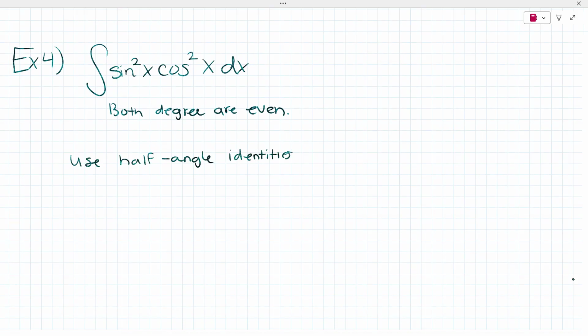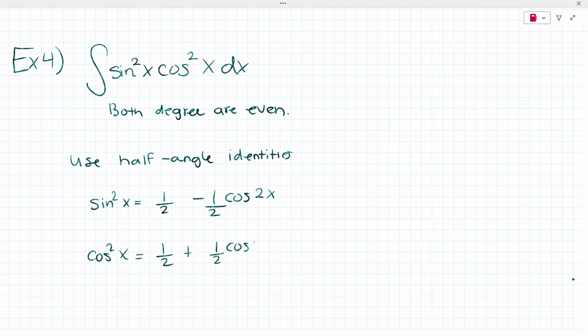So if you recall, we have two half-angle identities. We have sine squared of x equals 1/2 minus 1/2 cosine of 2x. And then you have cosine squared of x equals 1/2 plus 1/2 cosine 2x, right?